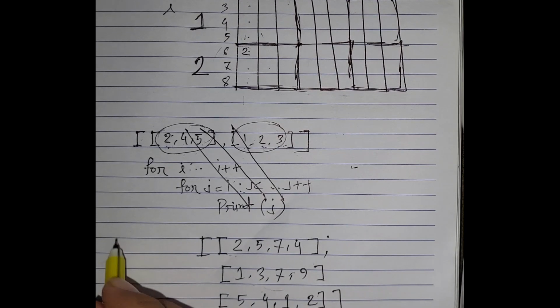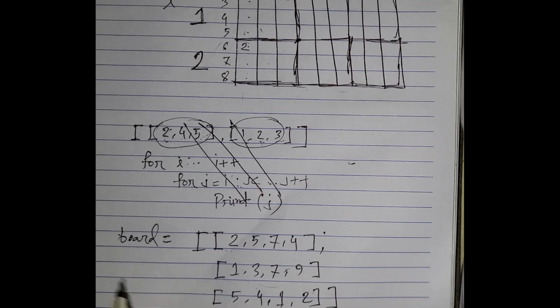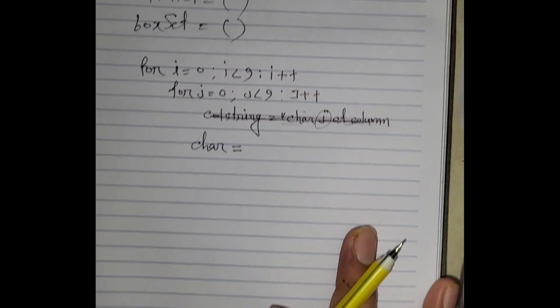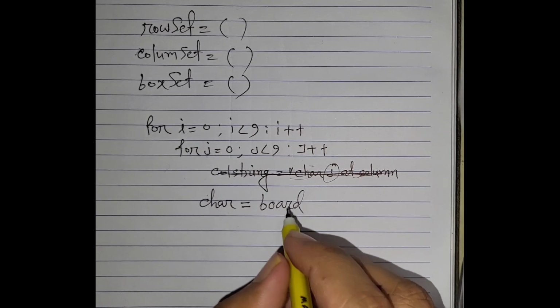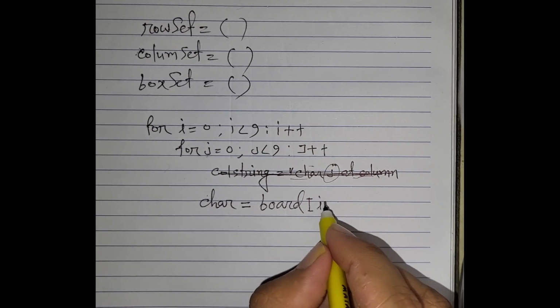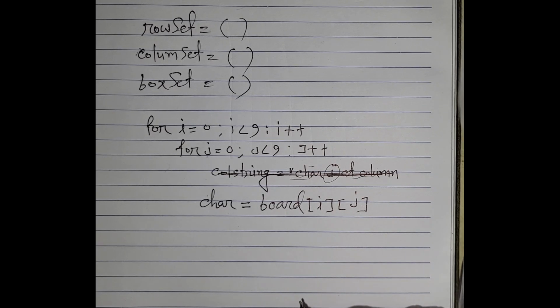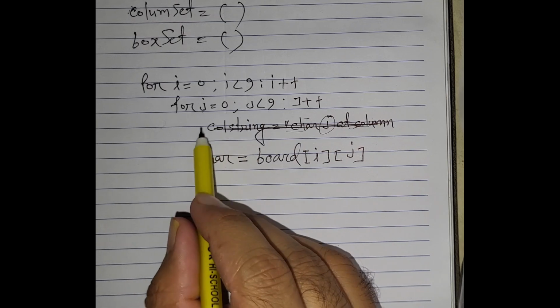So, for example, if this was the case, board equal to all this, then my character will be at board i j, like this.